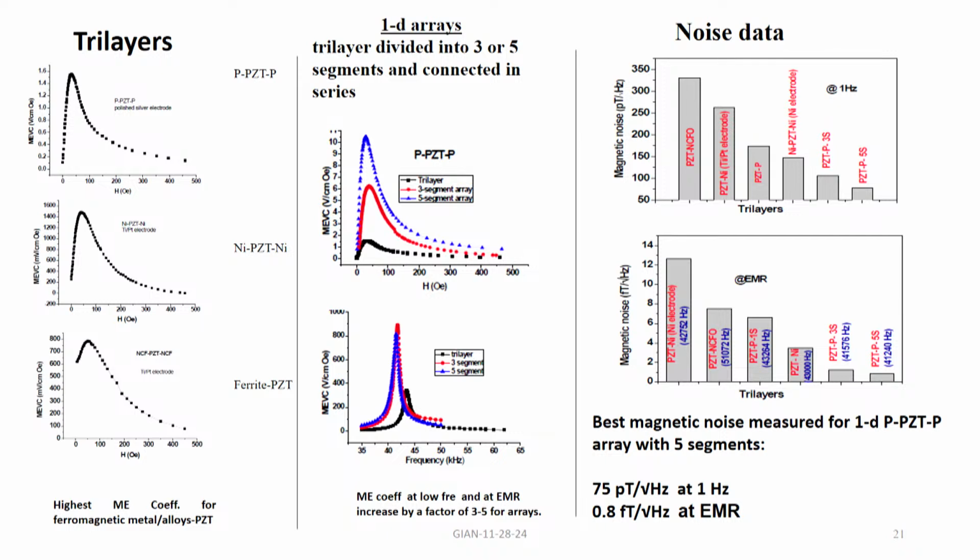When you drive that into resonance, it is even much better. It can go all the way down to 1 femtotesla per root hertz. So, if you operate it at resonance, and this is what you need for magnetoencephalography, that is to measure the field produced in the human brain.